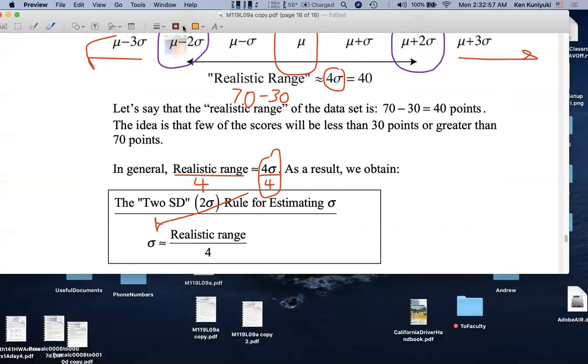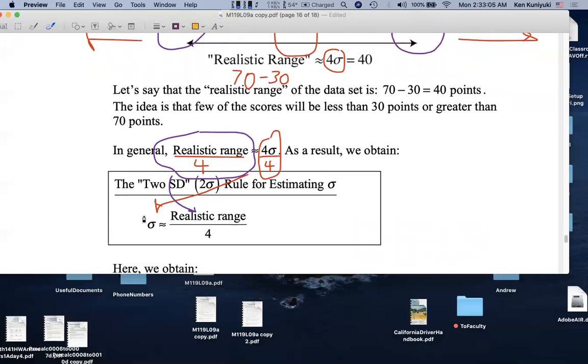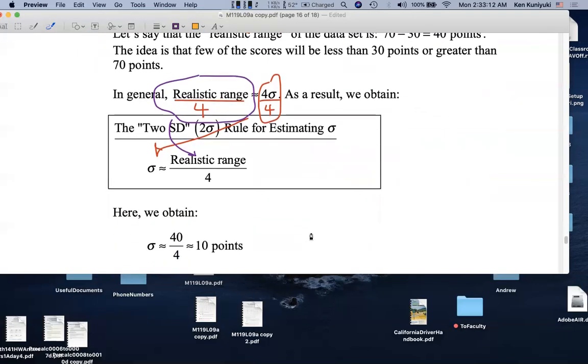And over here we have the realistic range divided by 4. So our estimate for the standard deviation sigma is going to be about the realistic range divided by 4. So in our test example, the realistic range was about 40 points, 70 minus 30 points. Divide that by 4, we get 10 points.